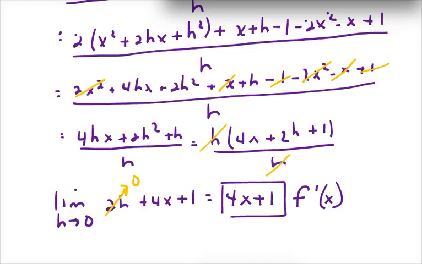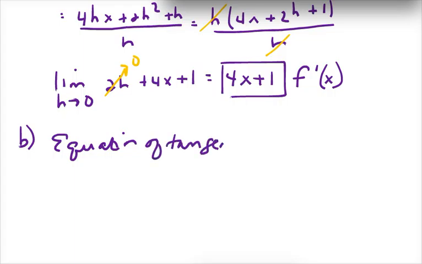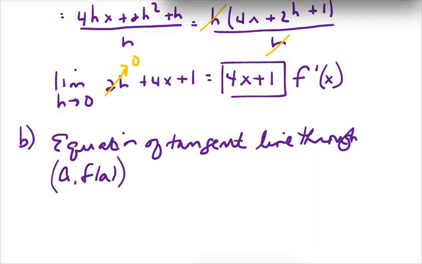The second part to this problem asks you to find the equation of the tangent line through the specific point a comma f of a when a was equal to 0.